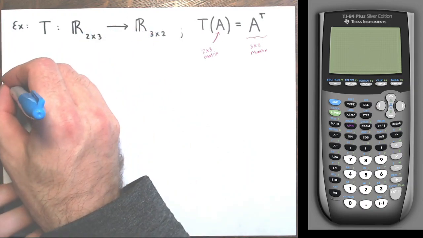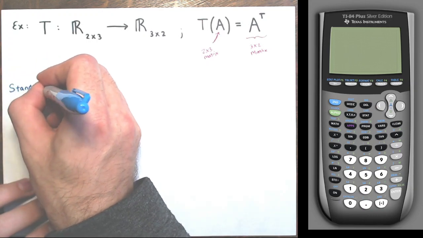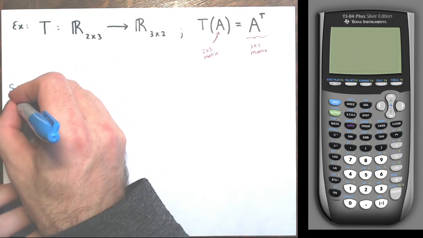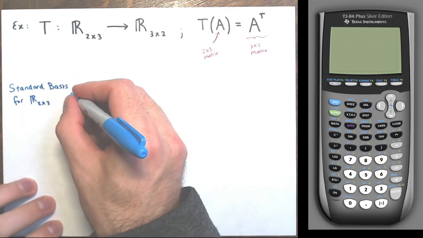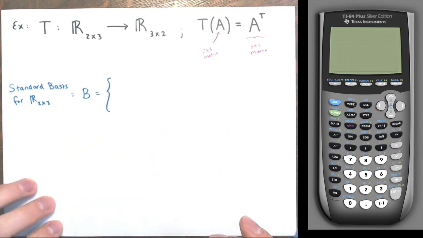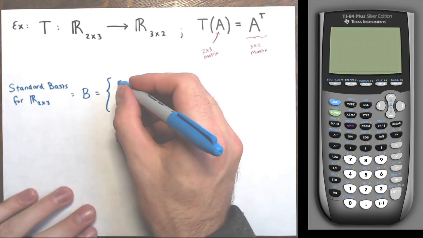So the standard basis for R, the set of 2 by 3 matrices, I'll call this B. Remember, for m by n matrices, the standard basis just contains all the m by n matrices where exactly one entry is 1 and the rest are 0. Made the simplest building block.